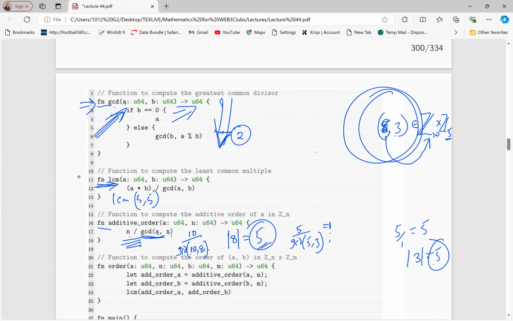For it to do this, it takes 5 times 5, then divided by the GCD of 5 and 5. So it has another function to get the GCD of 5 and 5, which of course is 5. So on doing that arithmetic, we get 5 as the order of the element. So that is what is happening.